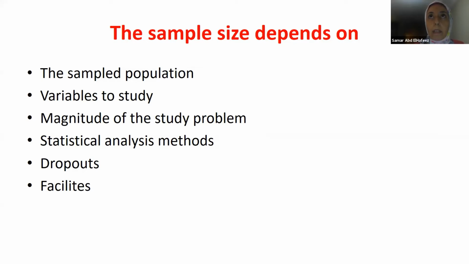I will do it community based, or I will go to the health units and pick the population who are recently getting their vaccine. So these are the questions to keep in mind when determining the sample size. And those questions are answered by the researcher, not the statistician. Okay?